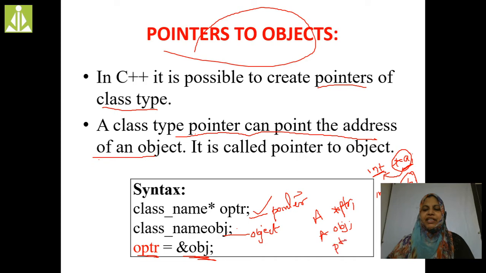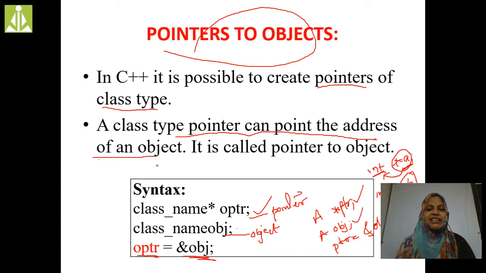Now ptr equals address of obj. Why? Because obj is the object for class A, and ptr is the pointer for class A. In this pointer ptr we are storing the address of the object of class type A. This is the pointer to the object.